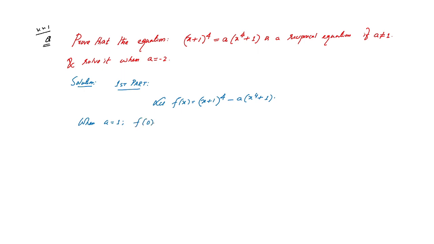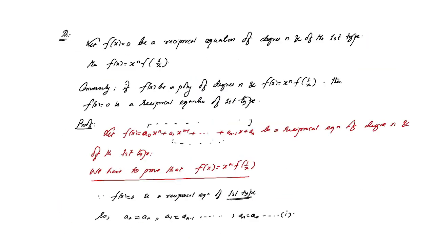We will consider f(0). So f(0) will be (0 plus 1) to the power 4, your a is 1, times (0 to the power 4 plus 1). So this value will be 0. And you know, if 0 is a root of an equation, then it is not a reciprocal equation. That I said earlier.